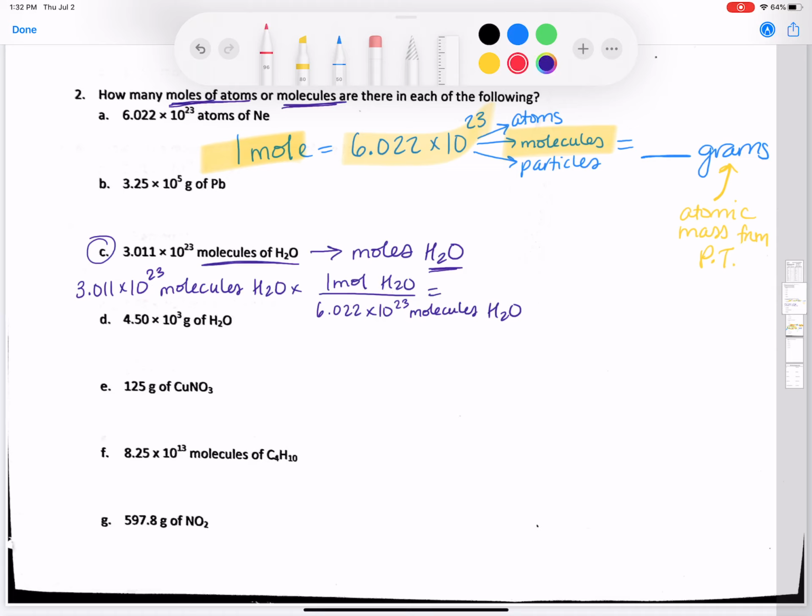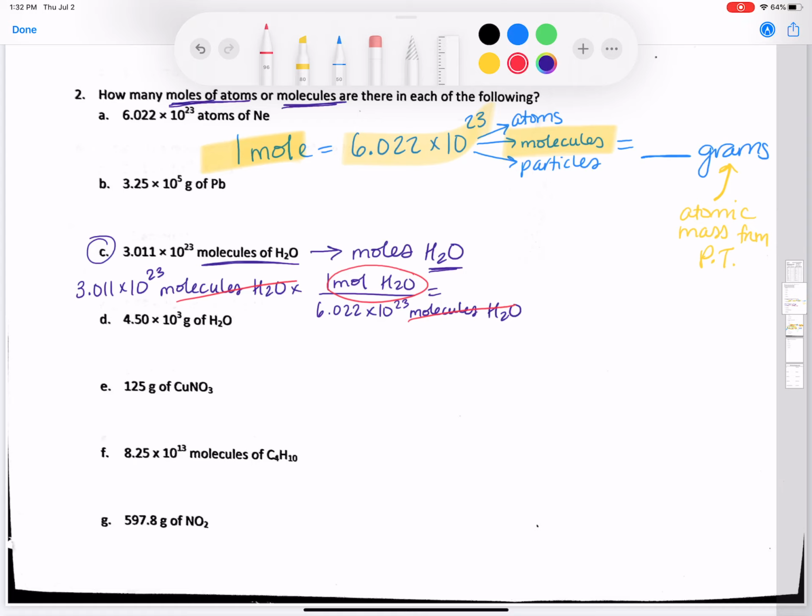And now if I look at my units, molecules of H2O cancel out, and I'm left with moles of H2O. For the calculation part, just plug it into your calculator using your shortcut. So you're going to be dividing these two, right? Because you have a 1 in the numerator and an actual value in your denominator.